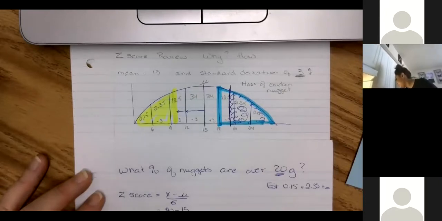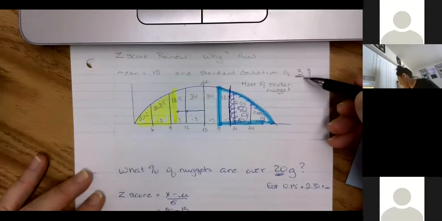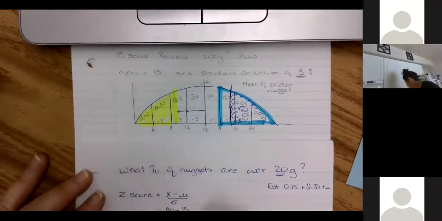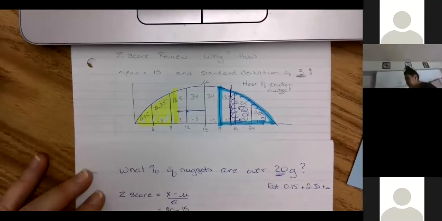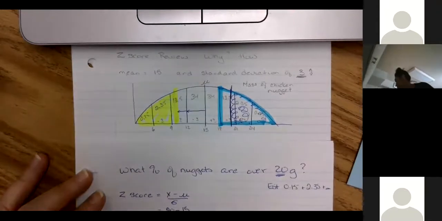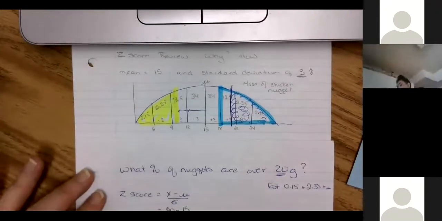How much is the standard deviation on this question? Is it 20 grams or something? Or 3? Yes, good job. We already used the 20. All right, so we've got 20 minus 15, which is 5 over 3. And I realize that's going to be 1.67. I should have used a different number. But this time it's positive.